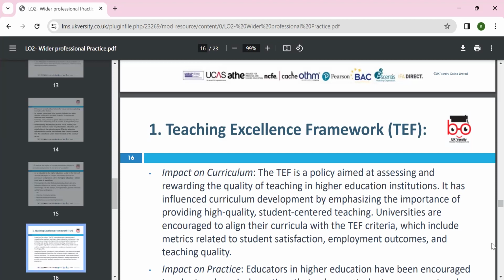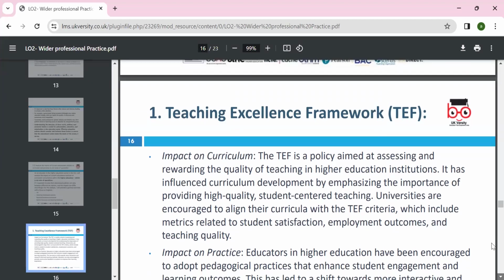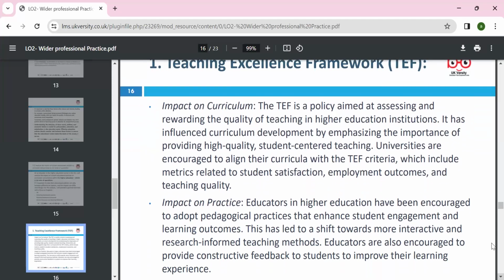At the end, they might do a short interview or give a short questionnaire. That will increase the credibility of the degree. And we can look at student satisfaction, employment outcomes, and teaching quality.